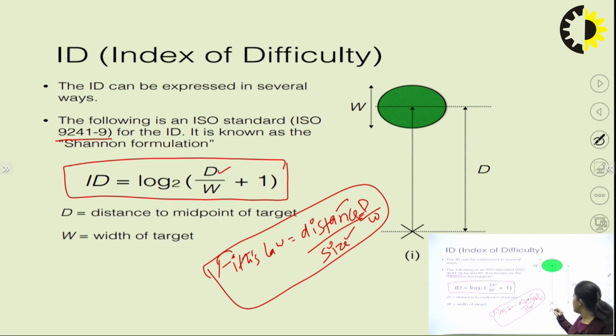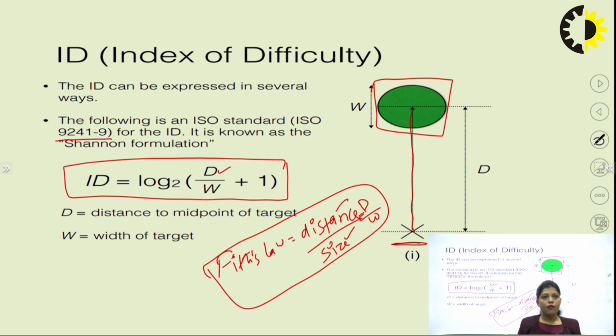In this figure, this is the cursor and this is the object. The distance is the time it will take for the cursor to reach the object. This is the distance, and W is the size of the target. This is our target, our object, and this is the width of the target.